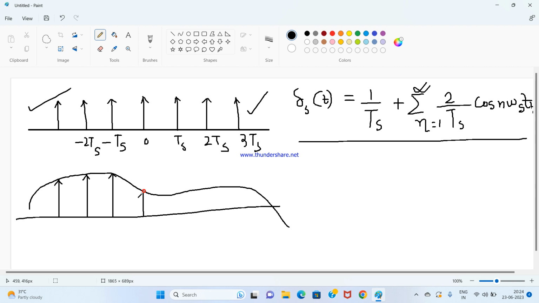So like this. This is the information function or the message signal, let us take m of t.